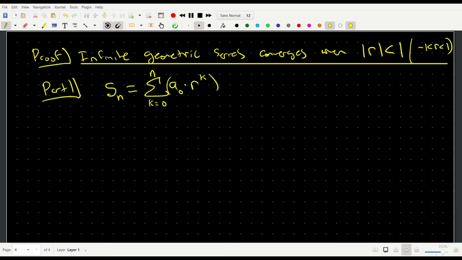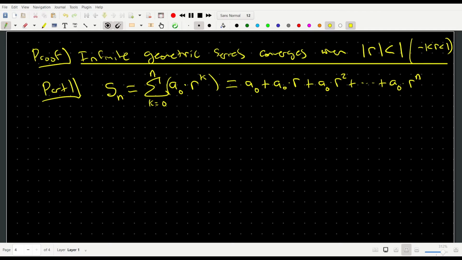Remember, this is the same thing as a0 plus a0 times r plus a0 times r squared, all the way up to a0 times r to the power n.